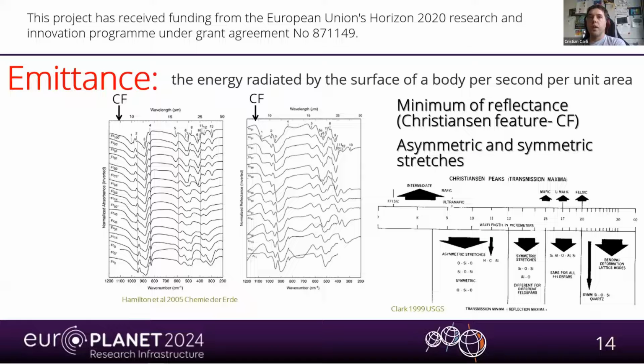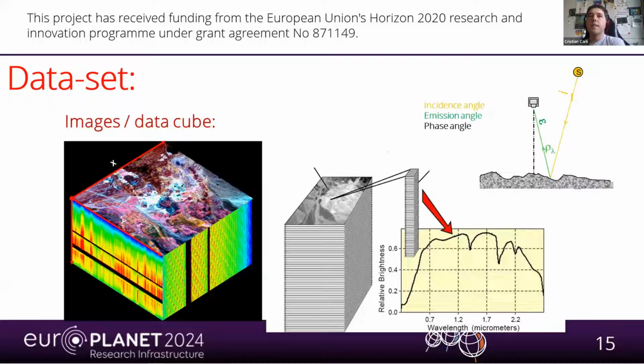This is partially less used because not all the bodies that we are studying permit or have data sets in this spectral range. So for this, we are much more focusing here on the visible to near infrared. The data set that we generally use to have this information is often called a data cube, because it permits a neat three-dimensional information of the surface, in a different way with respect to what you can see from a DTM and so on.